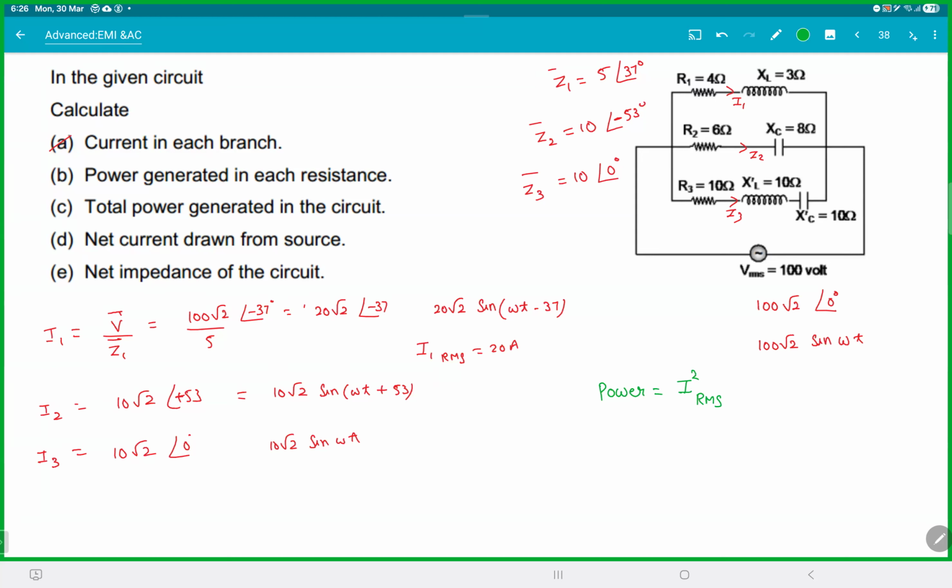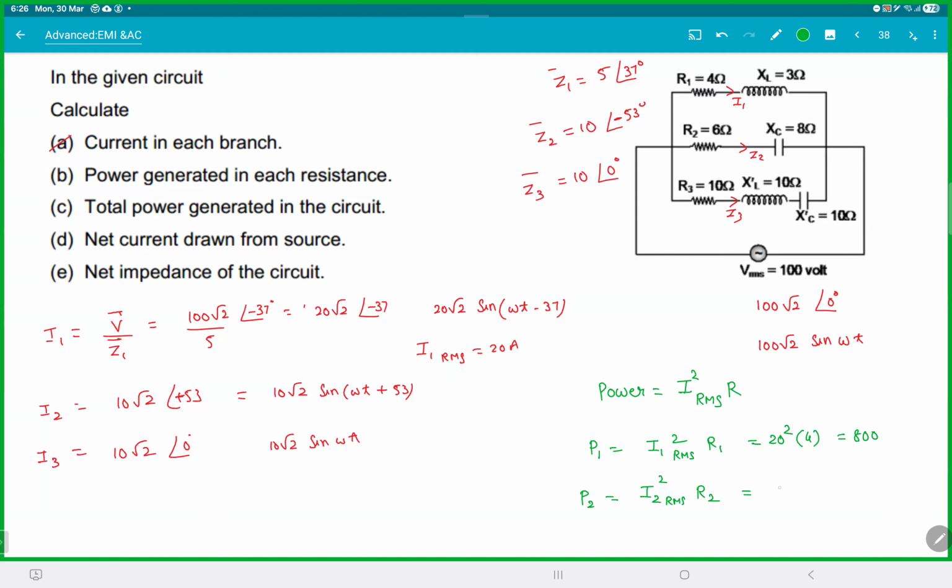So if you can find I RMS of each branch and multiply with the R in the branch, that will show you the power. So power in the first branch will be I1 RMS, which is 20 square, and that resistance was R1. So 20 square into 4, that's 800. So power in the second resistor would be I2 RMS square, right?